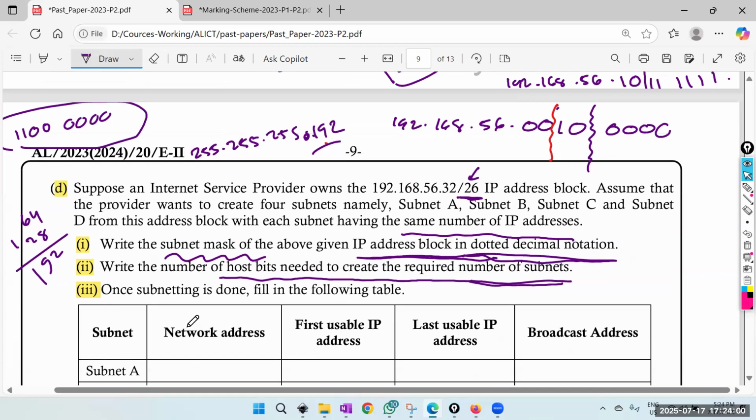Right. So the first one, we can take this as 0, 0. But this is 1, 0, right?